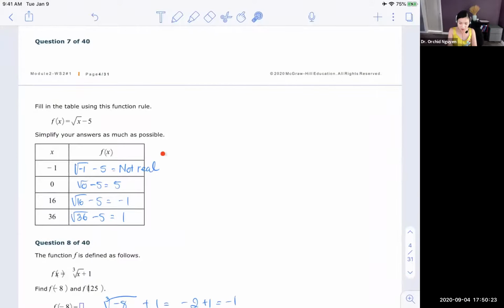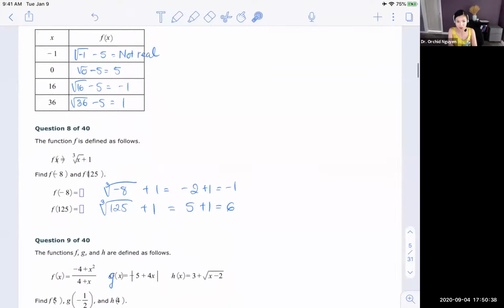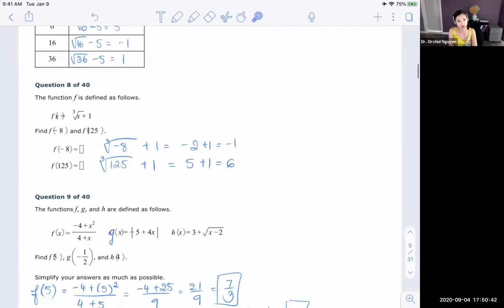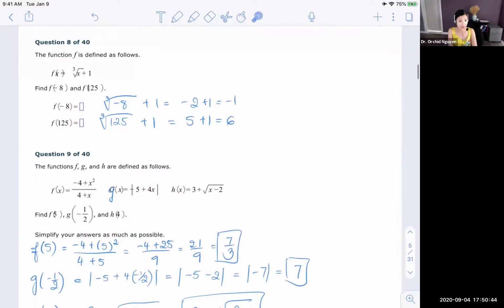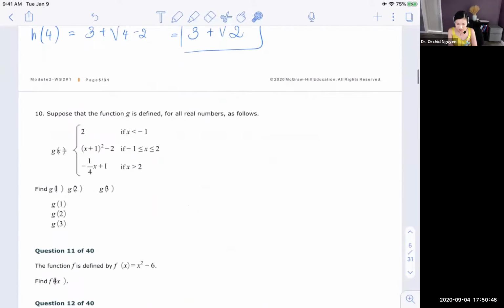For this problem, I want to point out that if you plug in negative square root of negative 1, that's in fact imaginary. So it's not real, so you can't really use the point to graph. This is just purely testing you on how to deal with function.